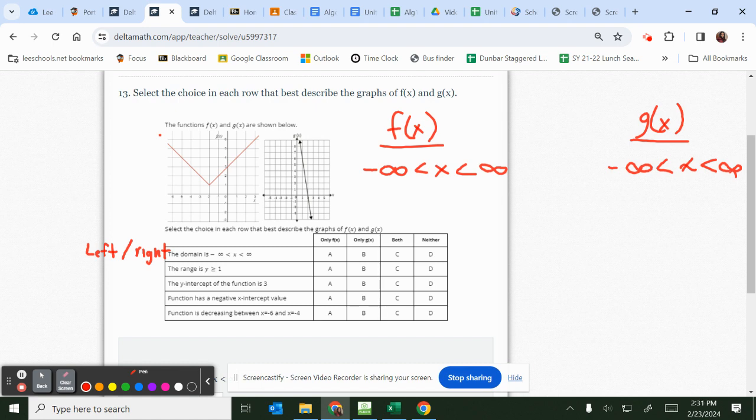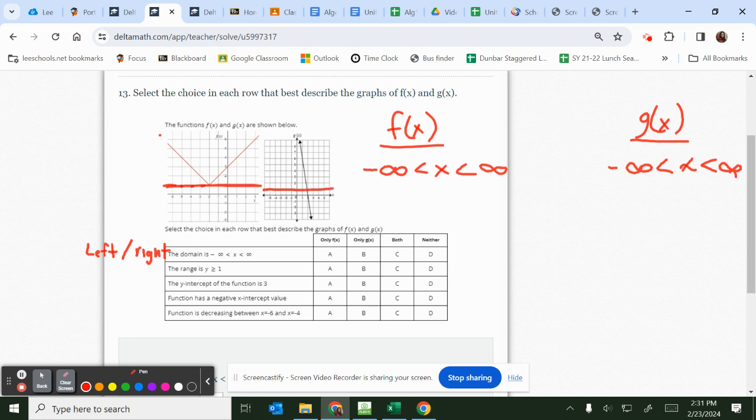What about the range being y is greater than or equal to 1? When I state that, it means all the values of y are either equal to 1 or bigger than 1. So there should be a solid line at 1 and the graph needs to be only above it.